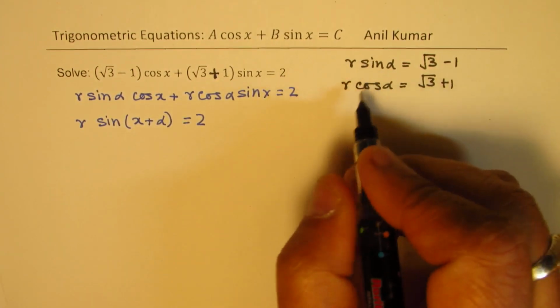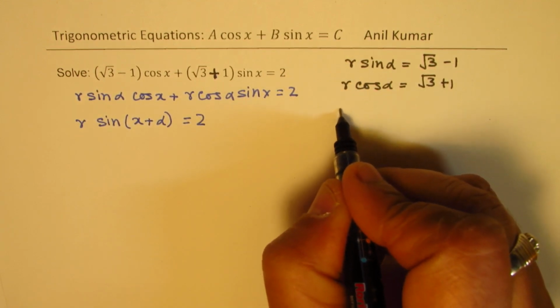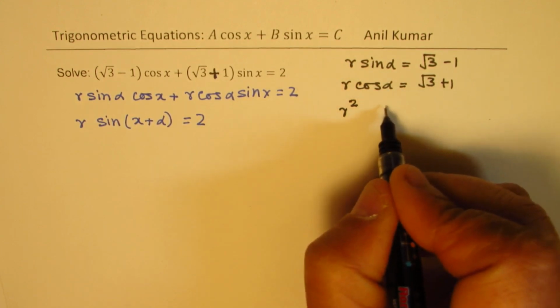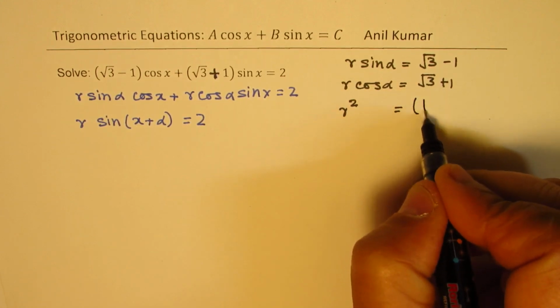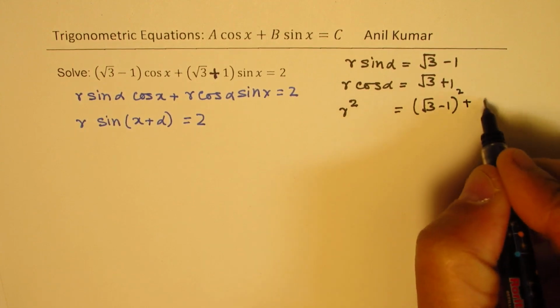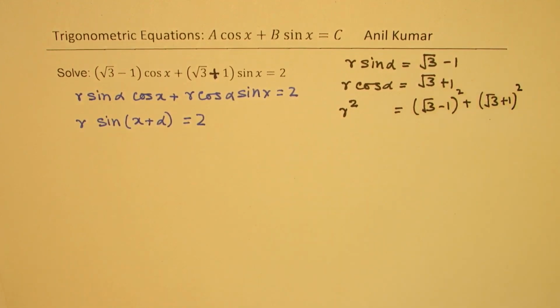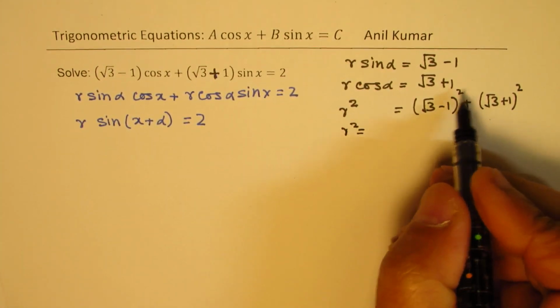If we add squares of these, then we get r squared. Their sum is 1, so r squared equals square root of 3 minus 1 whole squared plus square root of 3 plus 1 whole squared, correct?